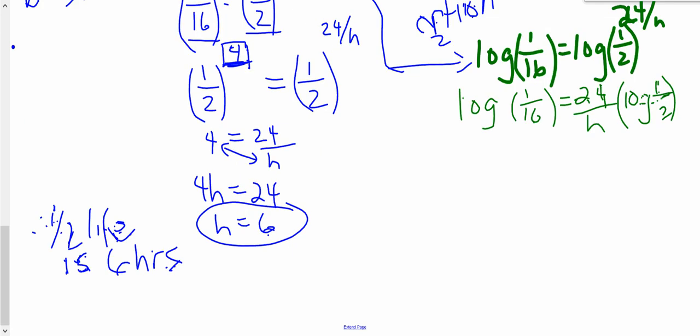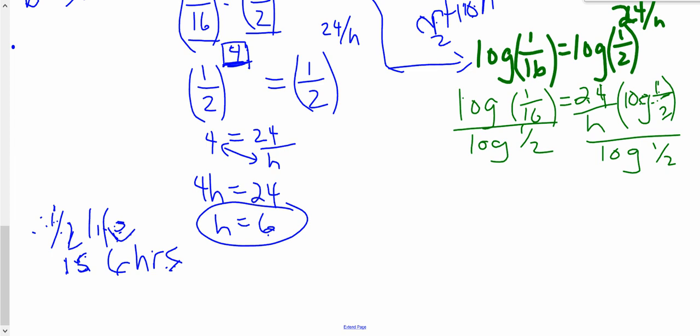Okay, and now it's just a matter of dividing both sides by the log of 1/2. Divide this side by log of 1/2, and guess what happens when you divide log of 1/16 by log of 1/2. And so what you should get is exactly what we had before.